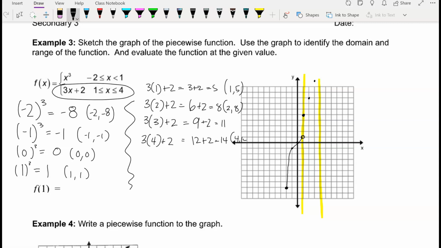So 4, 14, 3, 11. And it's going to be a closed circle. So this is 4, 14 is up here.